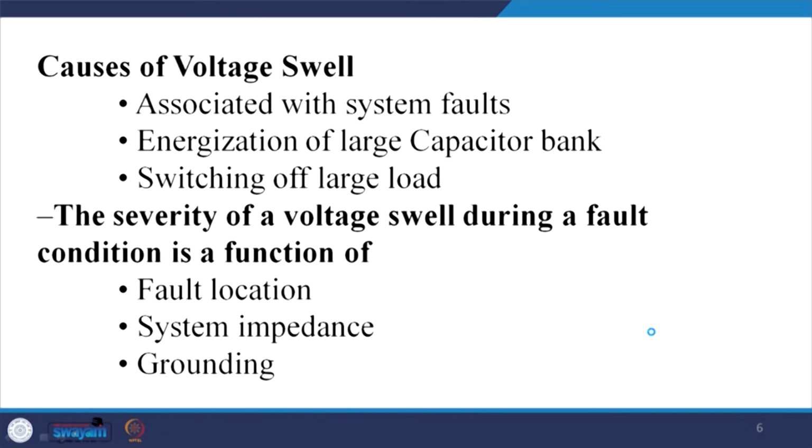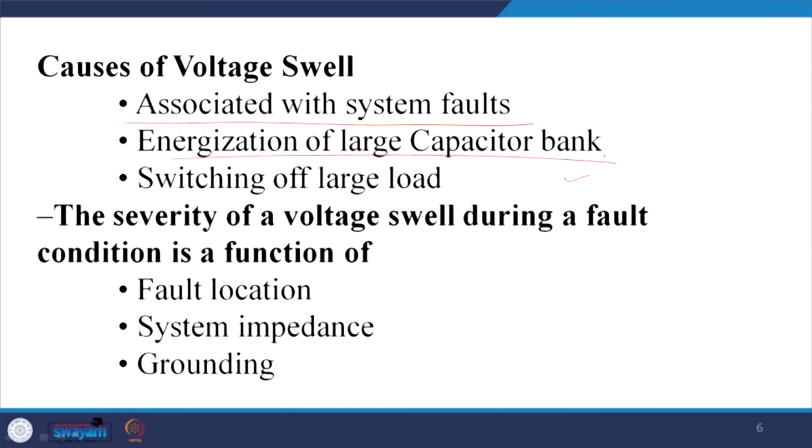The cause of the swell is associated with system faults. Once you get a system fault and you open up a line, there will be an open circuit case. The open circuit will reflect back the wave and thus may cause high voltage. Energization of a large capacitor bank is also a cause. We discussed in the FACTS devices how to energize the capacitor bank.